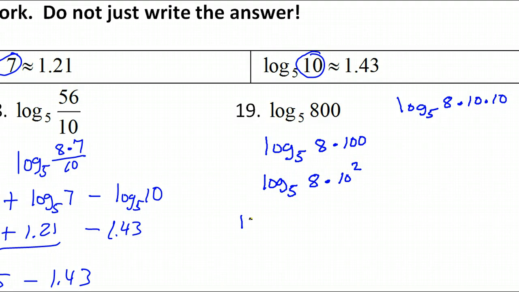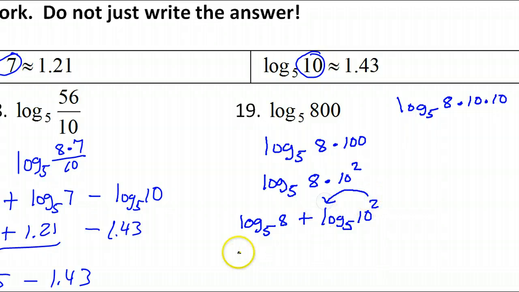So as I expand this to addition, this will be log base 5 of 8 plus log base 5 of 10 squared. But I'm going to put this 2 in the front. So that's 2 times the log base 5 of 10.